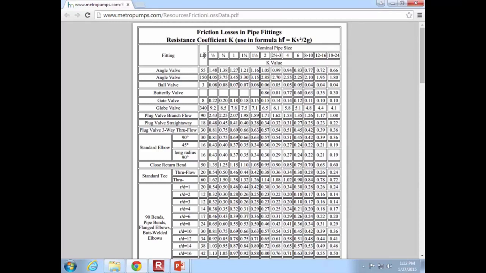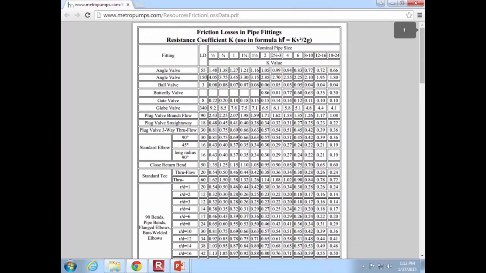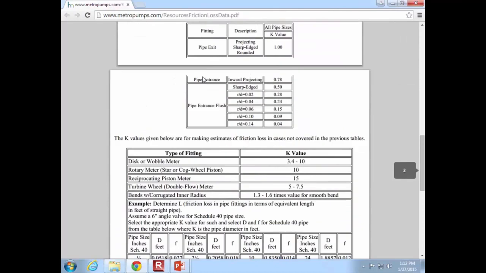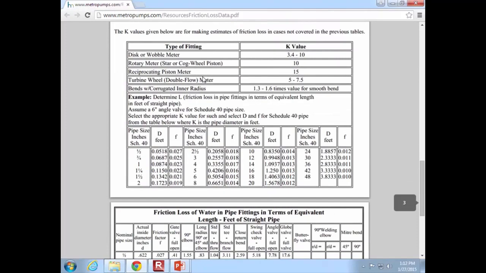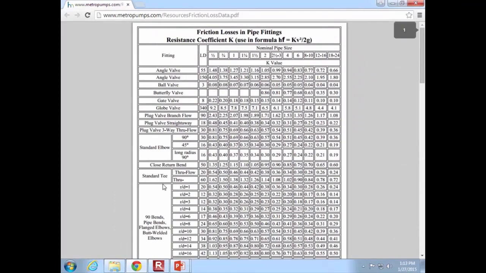What does the LD stand for? That's a good question. I'm not sure. Any guesses? What's the best thing that it could stand for? Make that a contest. Oh, length to diameter. That's what it means. It's talking about how long the fitting is, I think. So it's saying the ball valve is 3.